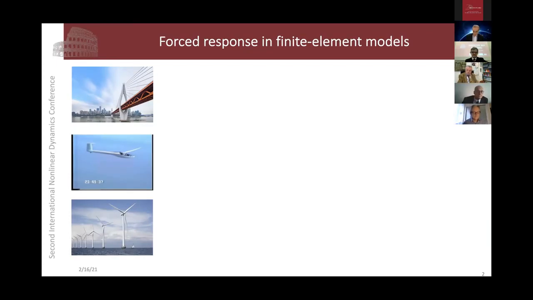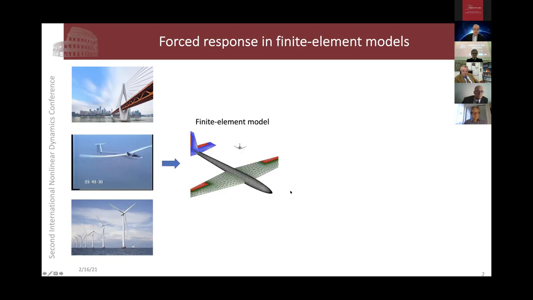At the plane, there was a short movie running here that just stopped, showing this plane which was clearly not intended to fly this way. And to understand better the vibrations that might be created by forcing, one would then go typically for a finite element model like that, right? And this is what my talk is all about.